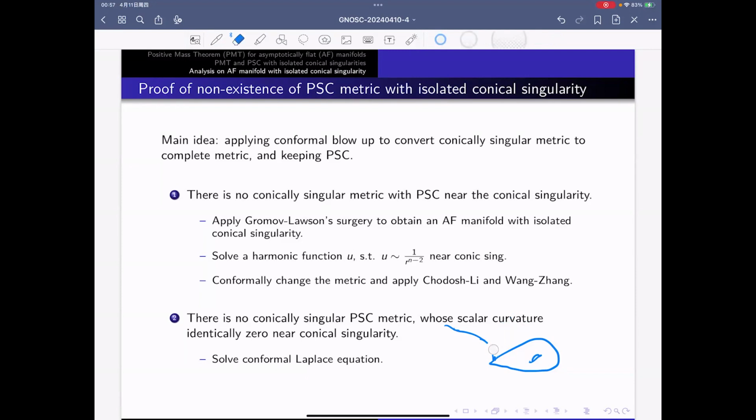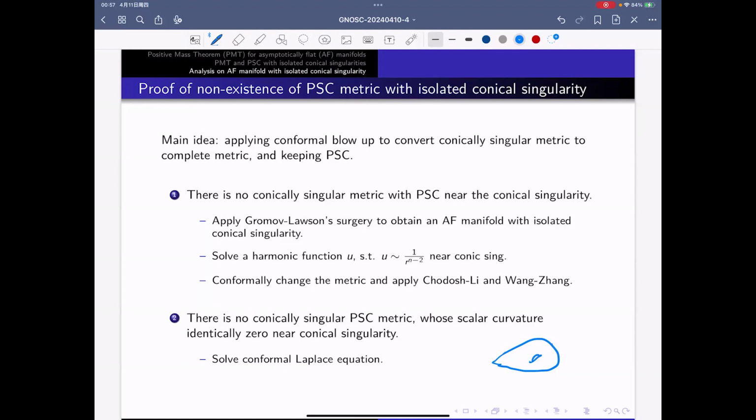Another case is if the scalar curvature near the conic singularity is identically zero. In this case, we cannot do surgery near the conic singularity.